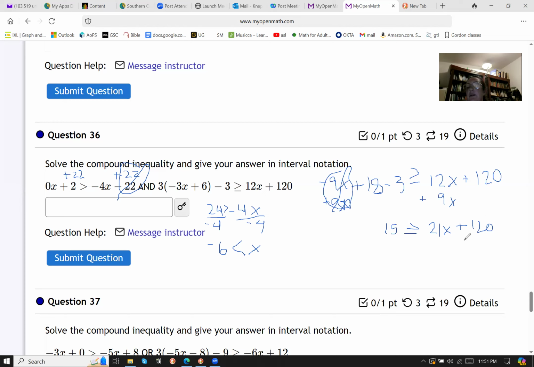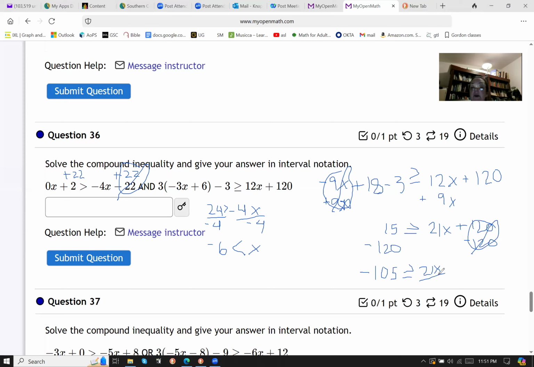Now we'll subtract 120 from both sides. So that gives us our 21x, as we have a 0 pair here, is less than or equal to negative 105. 15 minus 120. Is this negative 105?